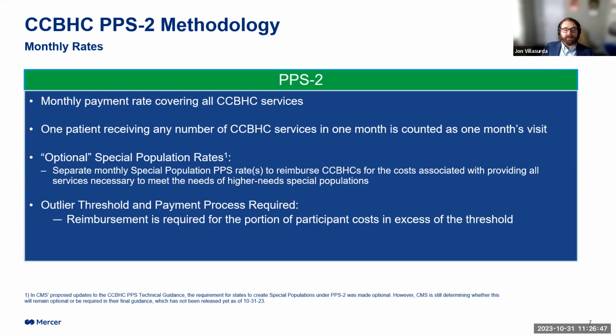Under the proposed methodology from CMS, the CMS proposed technical guidance updates to the PPS rate development, they did indicate that the special population rates are quote unquote optional. Under the original rules, they indicated that separate monthly special population rates were needed to reimburse CCBHCs for the costs that are provided to two or more populations, a standard population and at least one quote unquote special population, typically persons with serious mental illness, children with serious emotional disturbance, persons with co-occurring substance use and mental health issues, etc. But in the proposed updated guidance, and this is important for where Maine is heading right now, the state is seeking to go with the optional component in terms of only using a standard population.